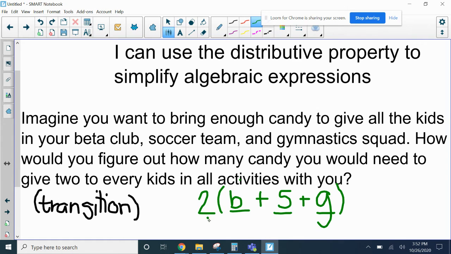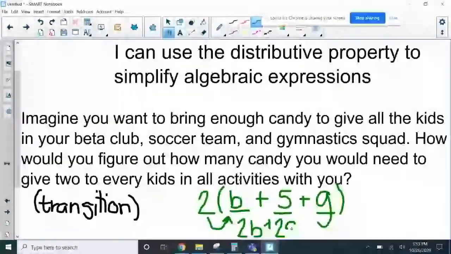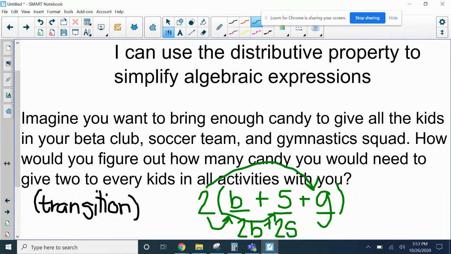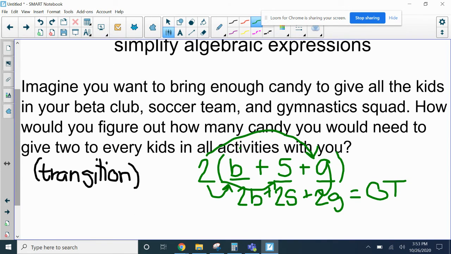So we know that if we multiply 2 times b, so 2 times beta club, and we add 2 times the soccer team, and then we add additionally 2 times the gymnastics, we are going to get our grand total of candy. And that was kind of our thinking process to begin with. So you were really using the distributive property before you realized you were using the distributive property.